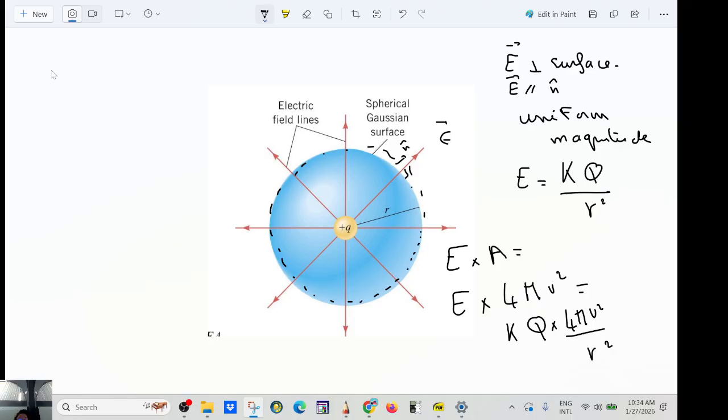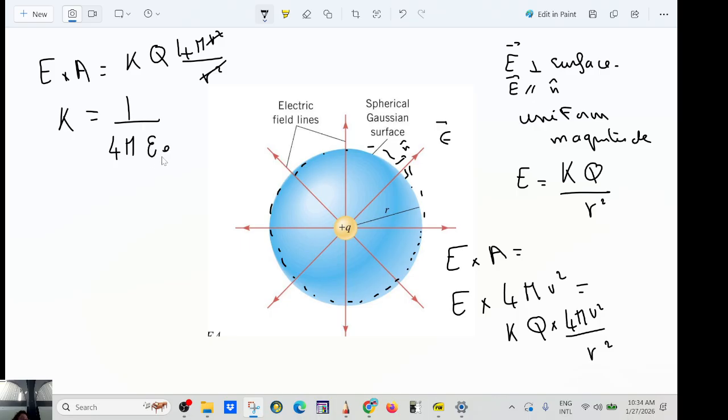Okay, so the electric field times the area is going to be kq 4 pi r squared over r squared. Okay? K can also be written as 1 over 4 pi epsilon 0. That's another notation.